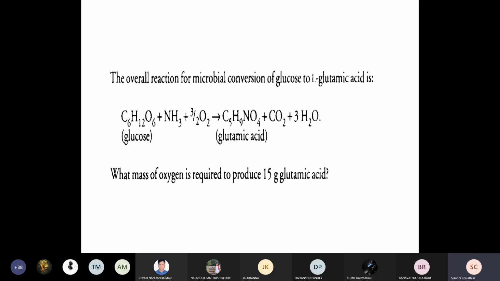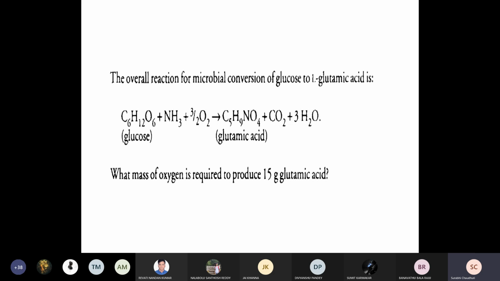Anyway, coming to that, there is a chemical called glutamic acid, which is an amino acid, and the sodium salt of glutamic acid, monosodium glutamate, if you do a simple Google search for MSG or monosodium glutamate, you will find a lot of articles. It is used in the food industry as a flavor enhancer.